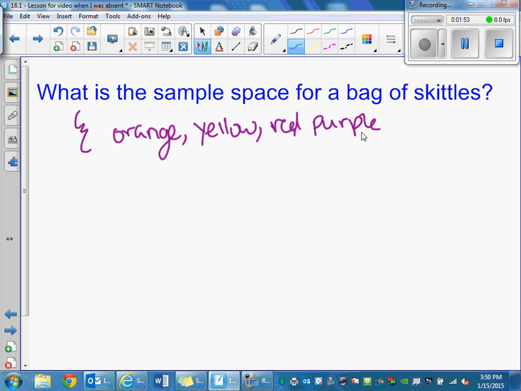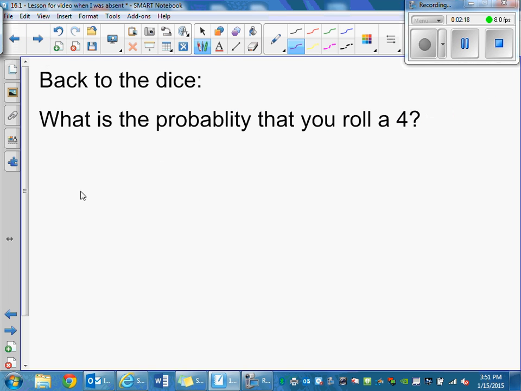Excuse my grammar. Now there's green. I don't like the green Skittles. I feel like I'm missing a color. Sorry, I'm pausing awkwardly. But I think that's all the colors of the Skittles. If I am wrong, add in whatever color I am not remembering. So that would be the sample space for the bag of Skittles because that's all the colors there are in a bag of Skittles. So let's go back to that dice.